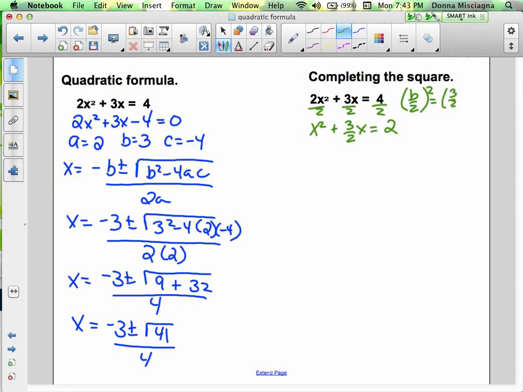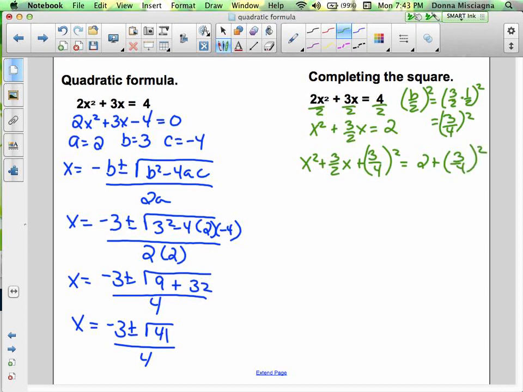Dividing by 2 is the same as multiplying by a half, so that's going to be 3/4 squared. So we have x squared plus 3 halves x plus 3/4, because that's what half of 3 halves is, squared, equals 2 plus 3/4 squared.